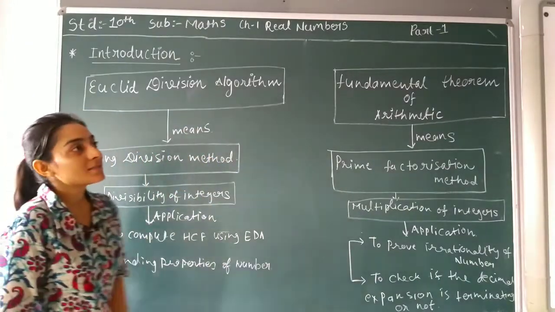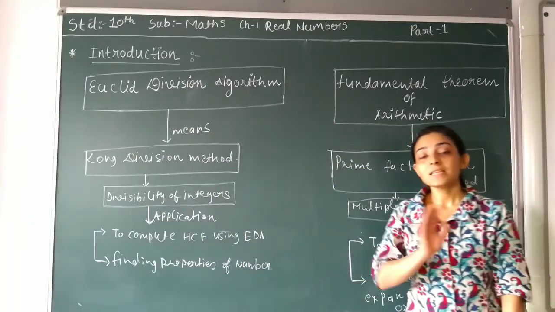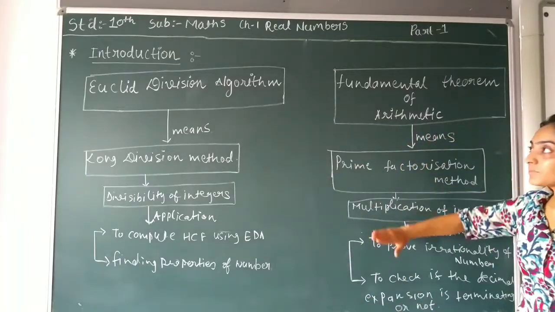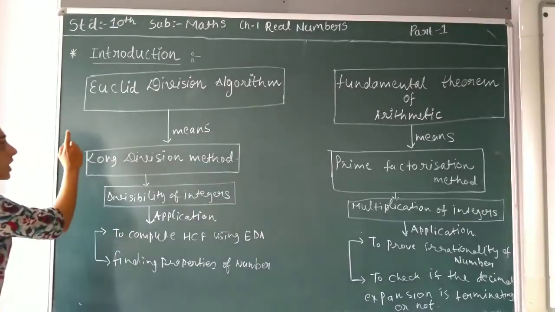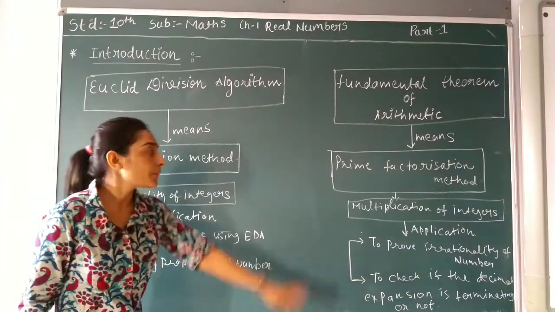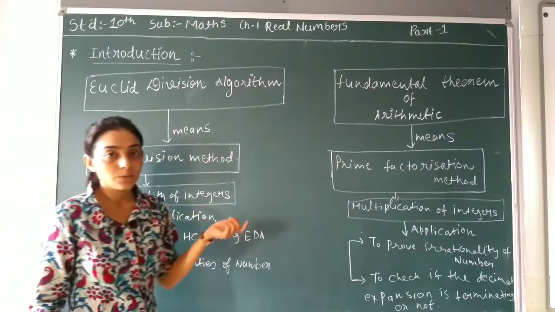Let's take a quick overview of the chapter. In this chapter we are going to learn all these things. The first thing is the Euclidean division algorithm, which means the long division method.